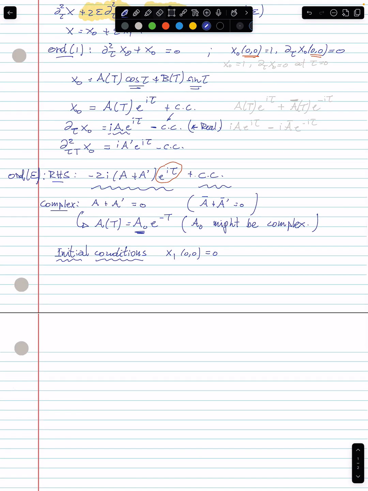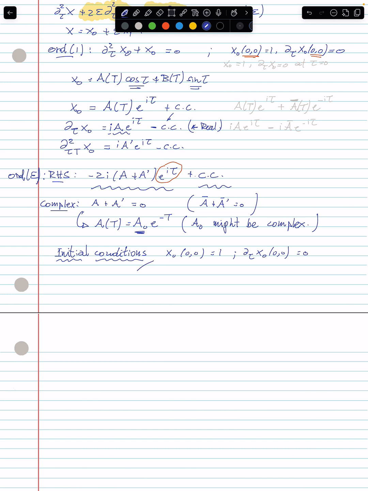Sorry, we're not looking at those boundary conditions. The initial conditions were just copied over there above. I'm sorry for that. So let me just copy them here. And the first derivative with respect to tau of x0 should be equal to 0.